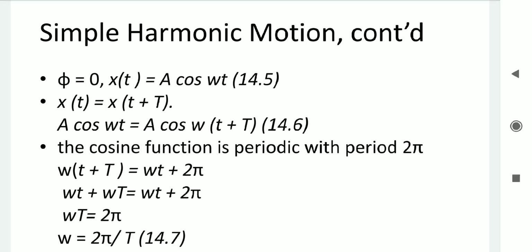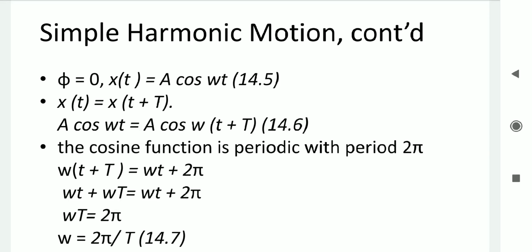So we can define that x of t equal to x of t plus capital T, the time period. This function is important to identify the periodicity of the wave, and from this we can determine the time period of that signal. Here the cos function is periodic in radian form, having a 2 pi period.